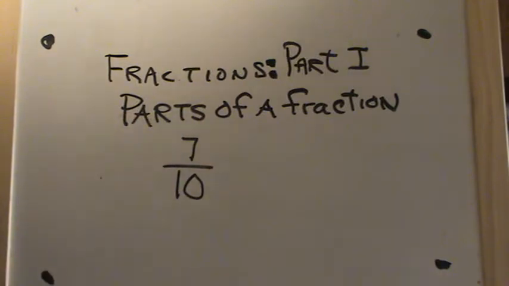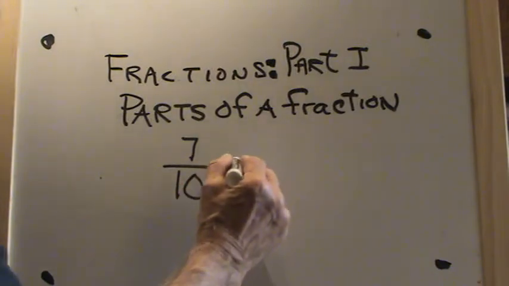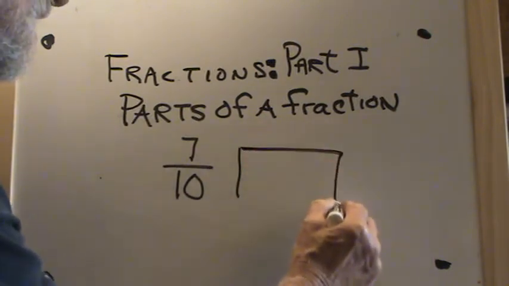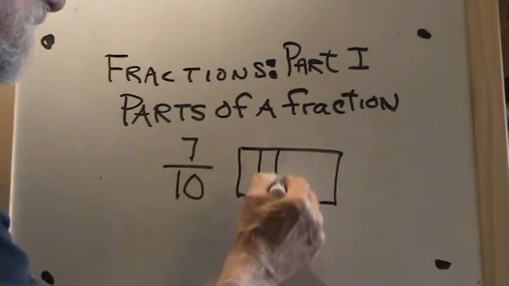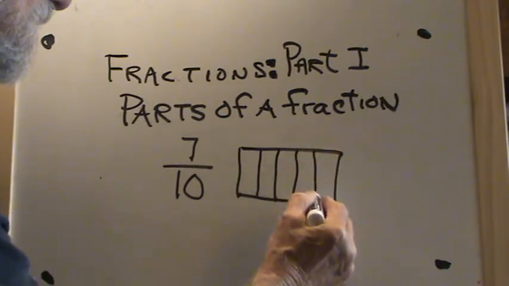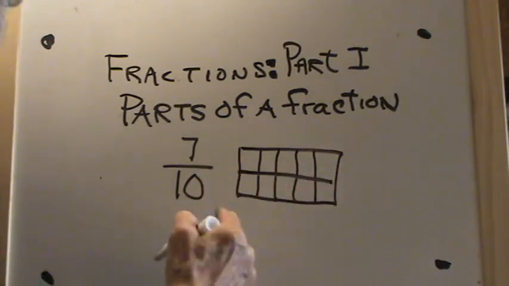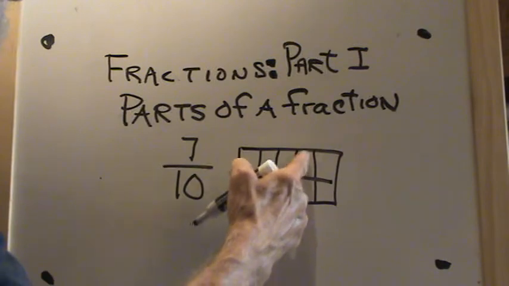7/10. So draw the fraction 7/10. Pause the playing, and in your notebook draw the fraction 7/10 and then turn it back on again. Okay, let's see how you did. So we have 1, 2, 3, 4, 5, 6, 7, 8, 9, 10.